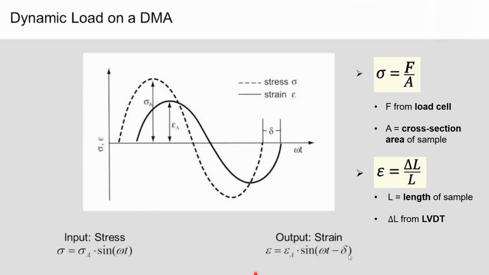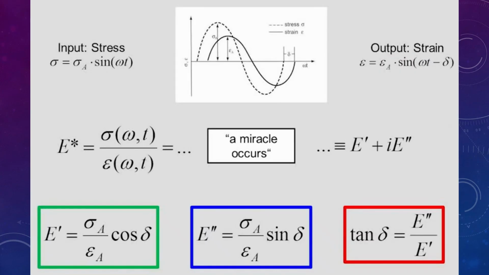For the input and output, in the formulas for stress and strain, we add sine omega t because this is a wave. And then for strain, we subtract delta, which is the phase difference of stress and strain. After that, we use these two parameters, dividing stress by strain, and then we obtain the real part and the imaginary part.